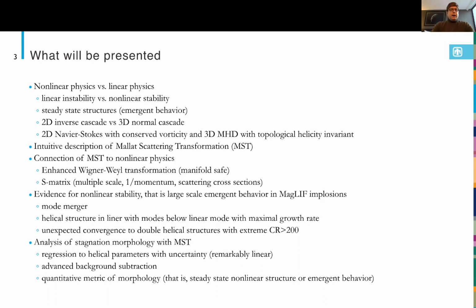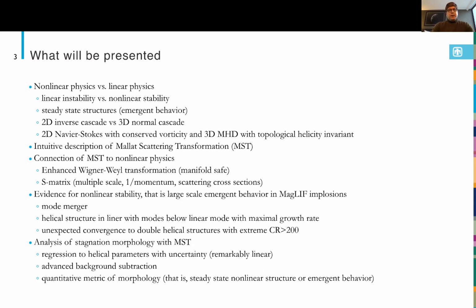That's evidenced by mode merger, helical structure in the liner at modes below the linear mode with the maximal growth rate, that also we are seeing unexpected convergence to double helical structures with extreme convergence ratios in the MagLIF implosions.